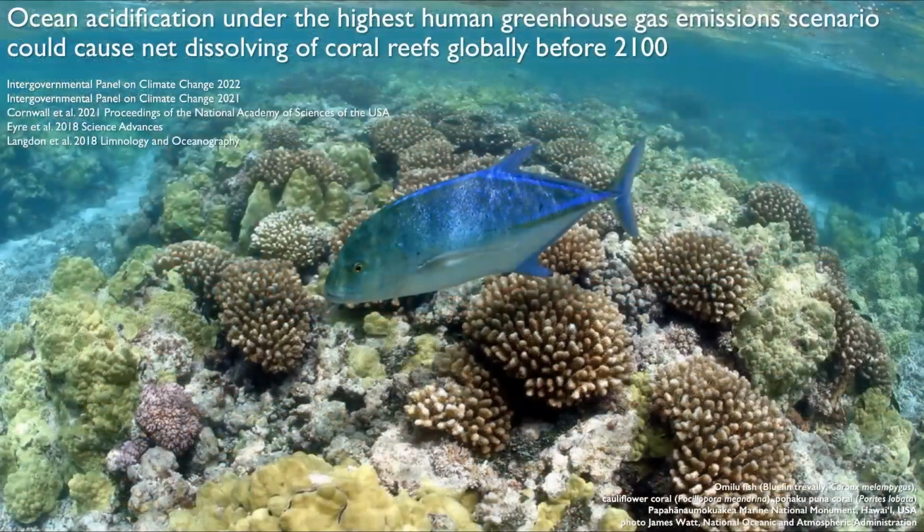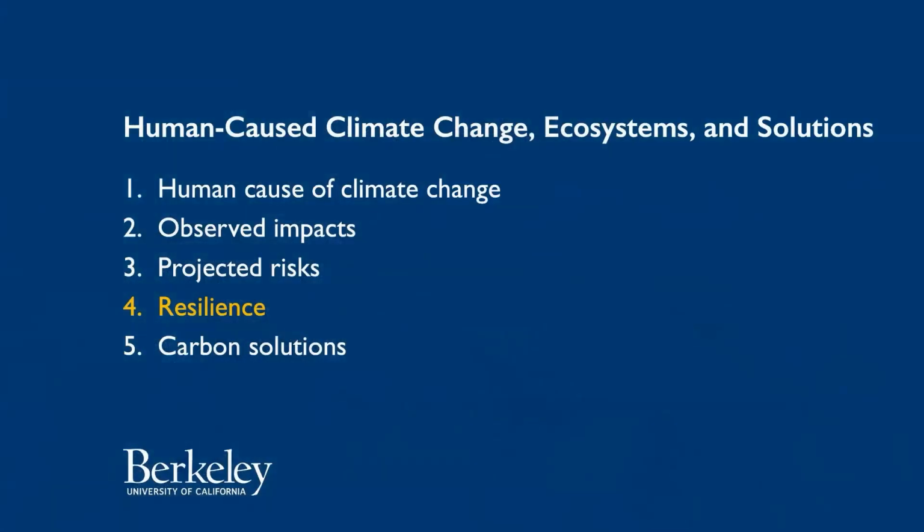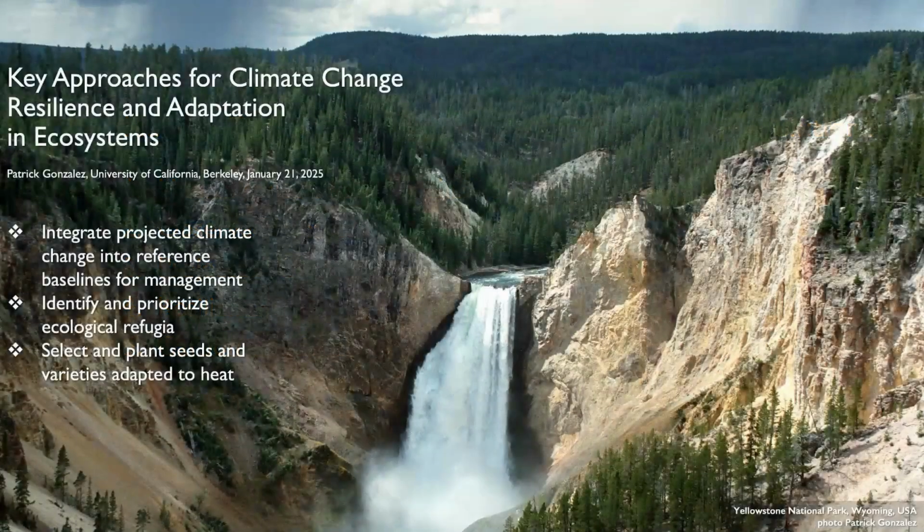So I'm going to zoom to the next and just briefly talk about adaptation and resilience. So just going to show a few slides here and some basic principles of adjusting natural resource management practices under climate change. And the first is integrating climate change into reference conditions.